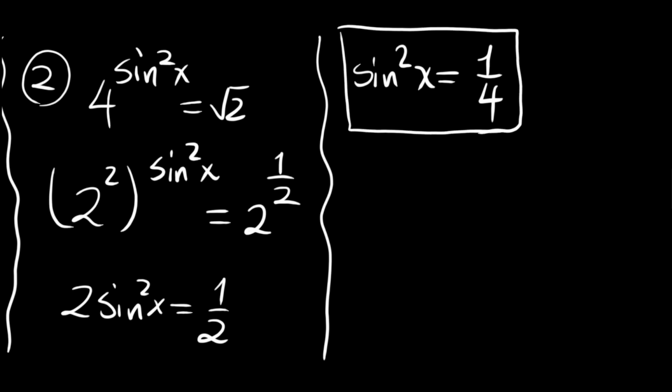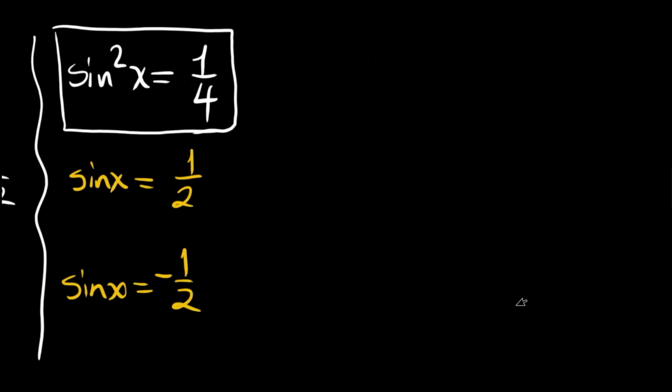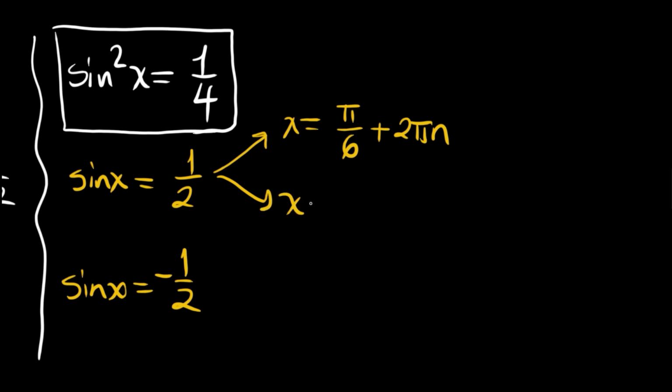Again, these have two parts. The first one is sine x is equal to positive 1/2, or sine x equal to negative 1/2. The positive 1/2 is for 30 degrees, so pi over 6 plus 2 pi n, or 150 degrees, 5 pi over 6 plus 2 pi n.